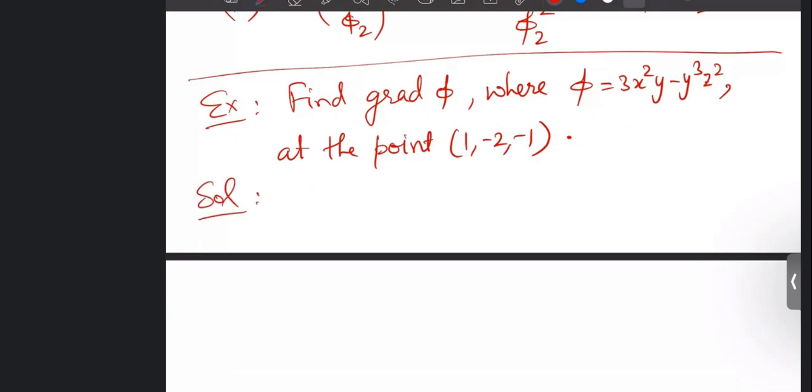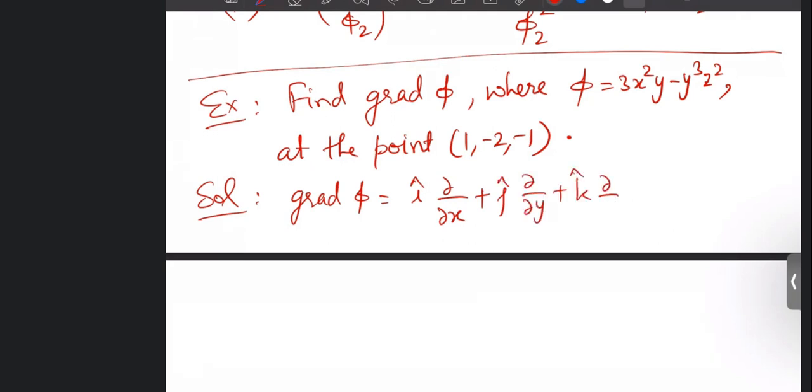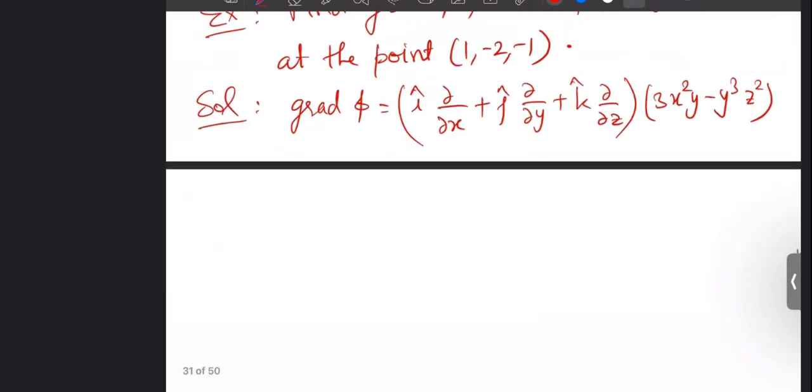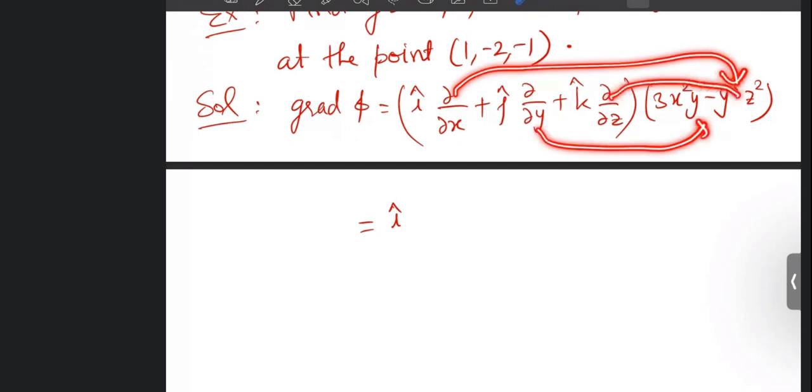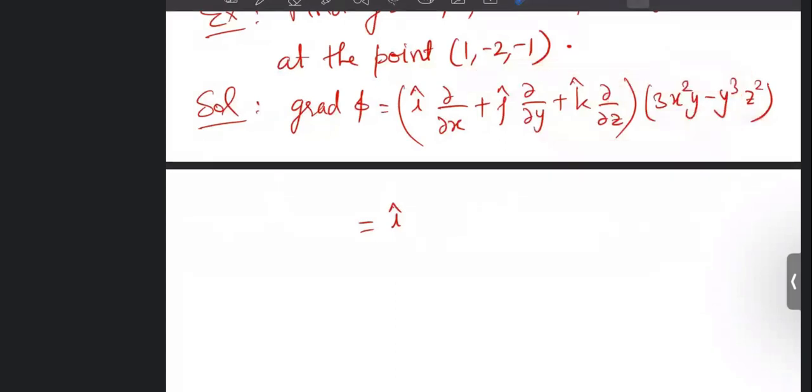The solution is simple. The gradient of phi is the del operator applied on phi, that is on 3x square y minus y cube z square, applied for each part: i times the derivative with respect to x, then j times the derivative with respect to y, then k times the derivative with respect to z of this whole expression. Consider them one by one.